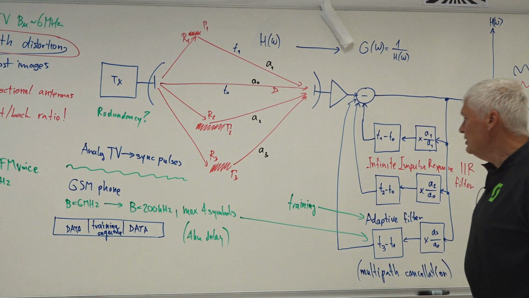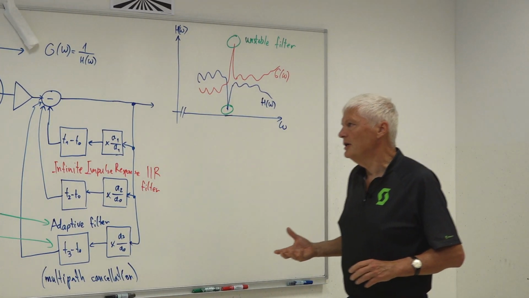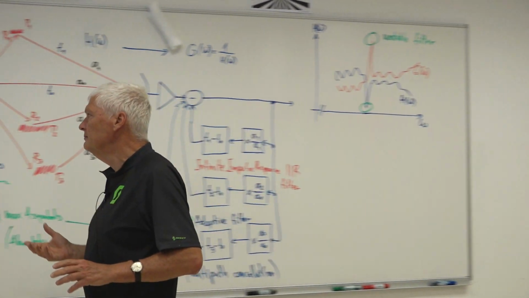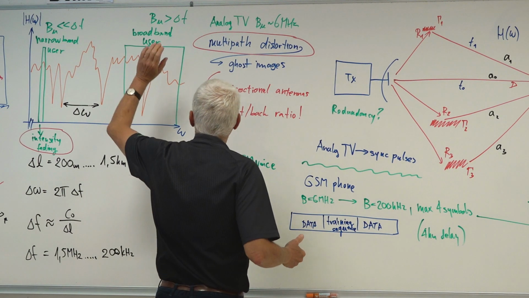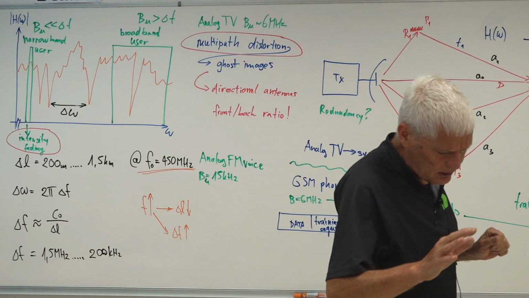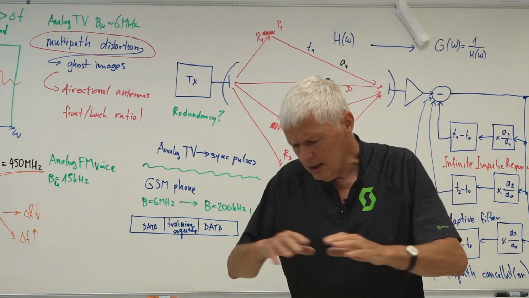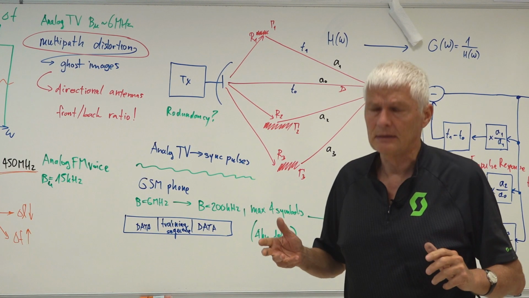So now the question is how to transmit a broadband signal, like analog TV, over a channel that has multipath. According to Shannon theory, there is no problem. If I have bandwidth and the signal, I have the capacity of the channel.